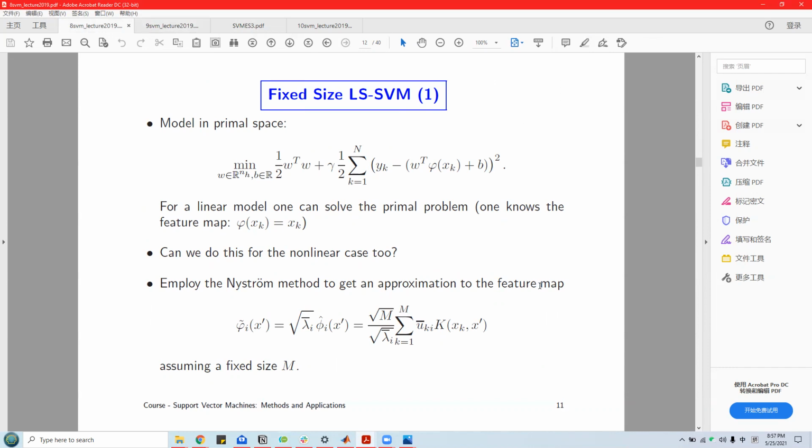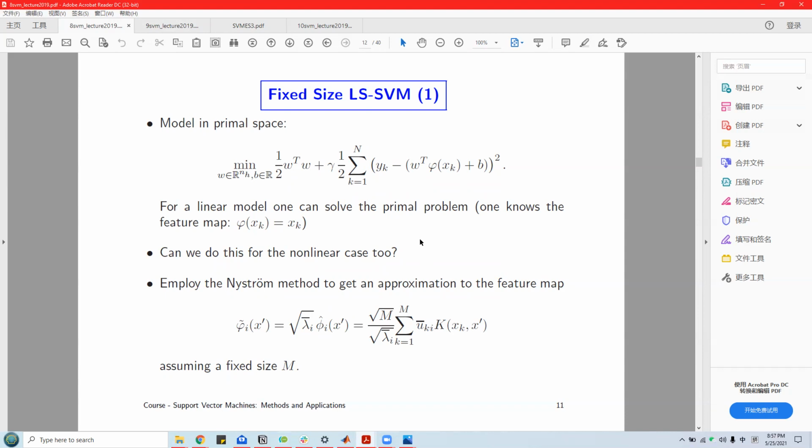I was trying to read the textbook about this part, and in the beginning of that textbook part they introduced why, when you have a large number of data, you should do it in the primal space. And for the second one, I think it's just this formula.